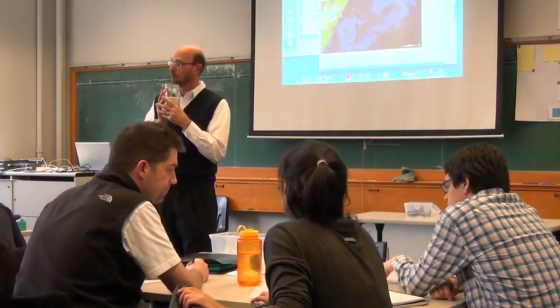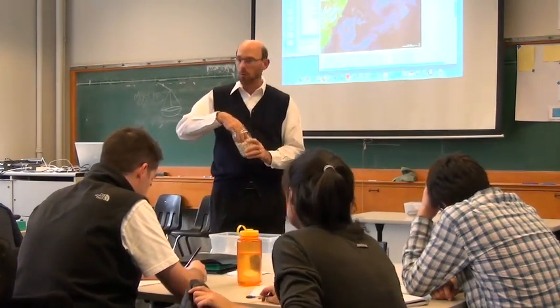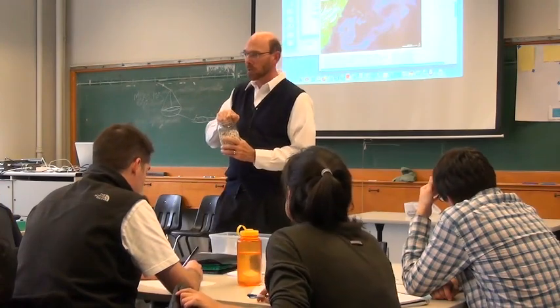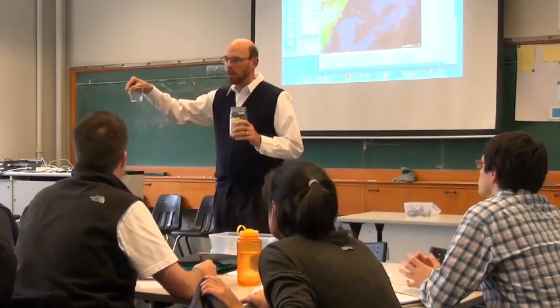In the second part of our activity, what you're going to do is count these beans. You can lay them out on the table. You can lay them out in here if you want, but you're going to have to count them out and move them to a different trophic level. It's explained in the handout, but you will literally be taking beans out, counting them, and putting them in the next trophic level.